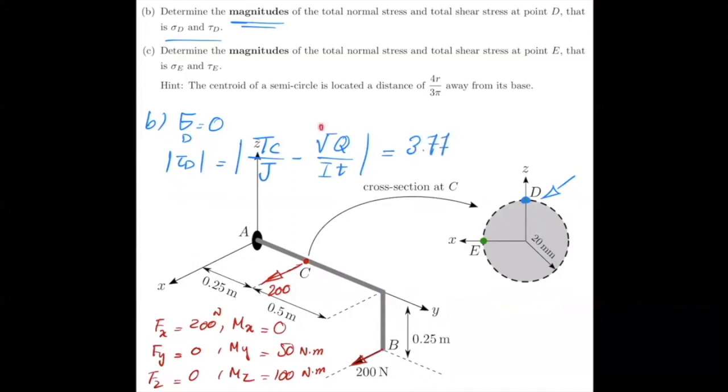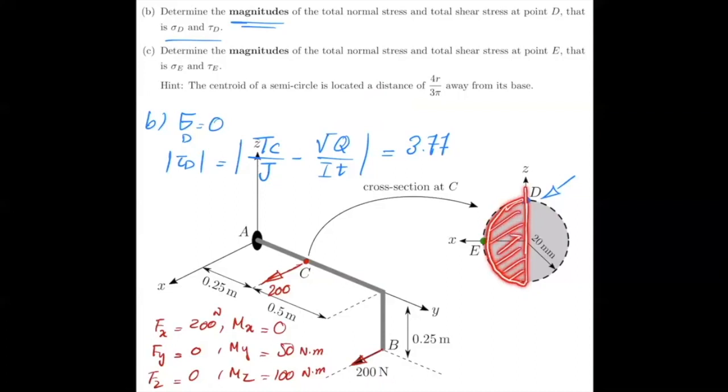So V is again your shear force, and that's exactly what we have as 200. Q is your moment of area, and for moment of area, if you think of this problem, this would be your area. It's a half circle.